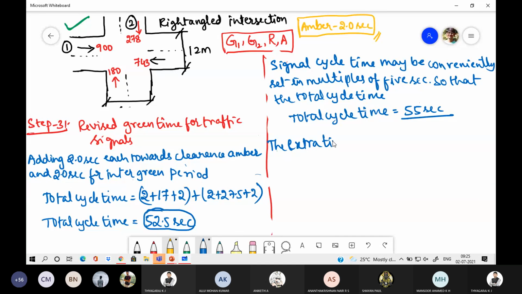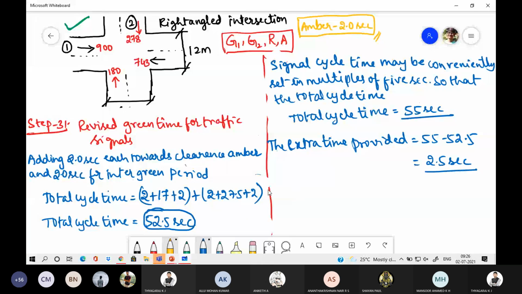The extra time provided is equal to 55 minus 52.5. How much have we provided as extra time? 2.5 seconds. So this 2.5 seconds will be added for green time of road 1 and green time of road 2.